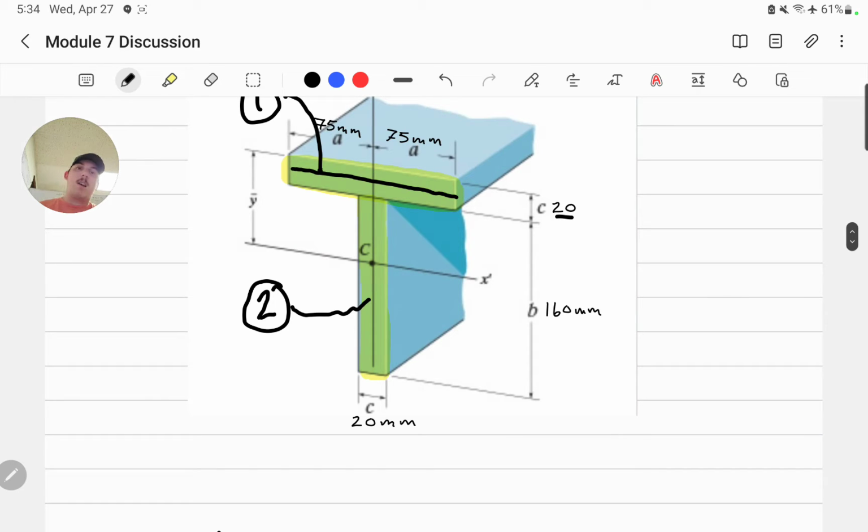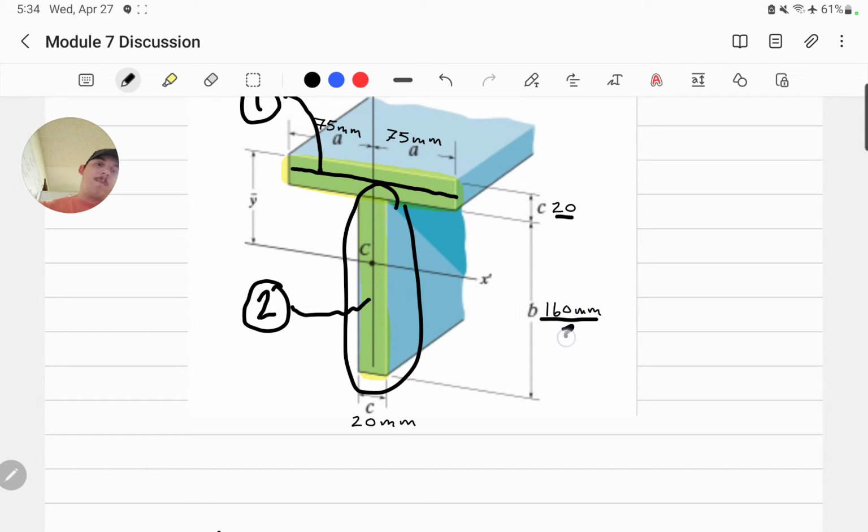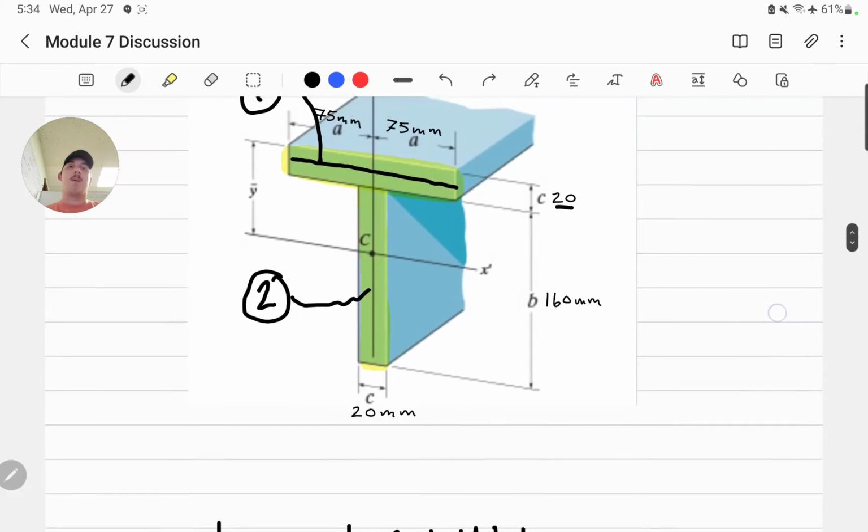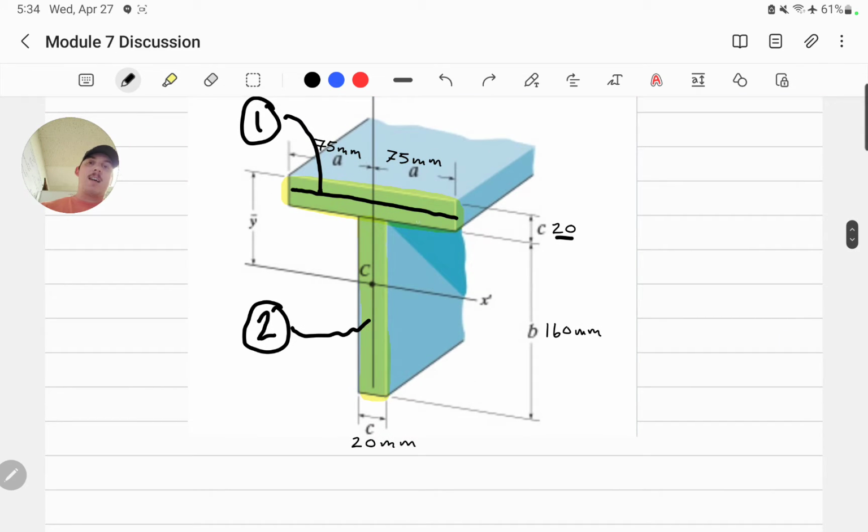My centroid for this vertical rectangle is going to be 160 divided by 2, but that only gives me part of the answer because I need to take into account that this dimension is from the top of the T-beam.